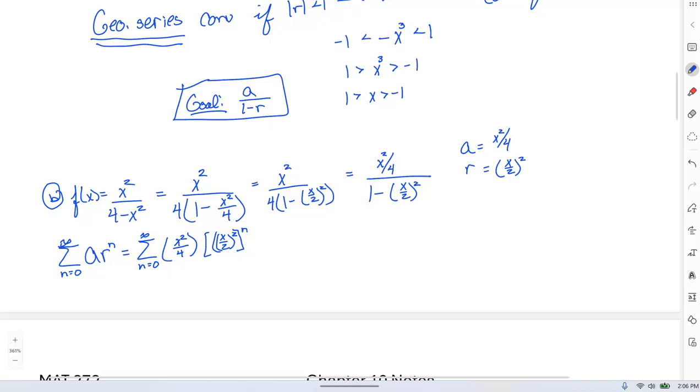Now I'm going to clean this up just a bit. So this is the sum from n equals 0 to infinity of x squared over 4 times x over 2 to the 2n, power to a power, we multiply those powers together.